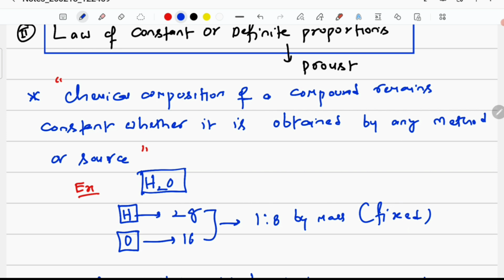During a chemical reaction we prepare water, water vapor is formed. So lake water, river water, chemical reaction based water vapor, irrespective of the source from which it is derived, water means 2 parts of hydrogen and 1 part of oxygen in terms of number. But by mass it is 1 to 8, meaning 1 gram of hydrogen combines with 8 grams of oxygen.